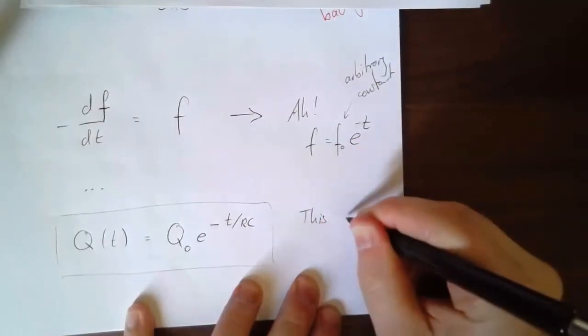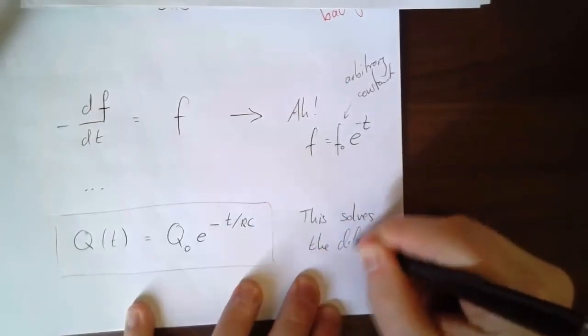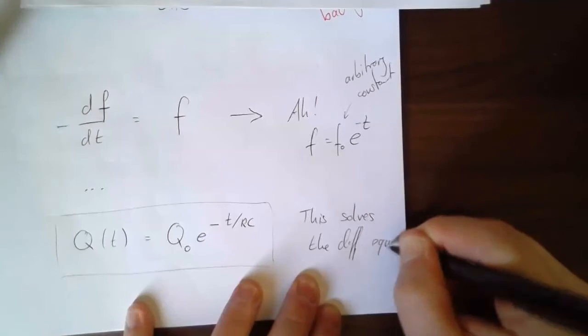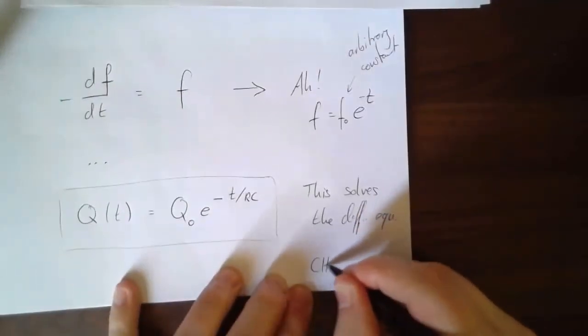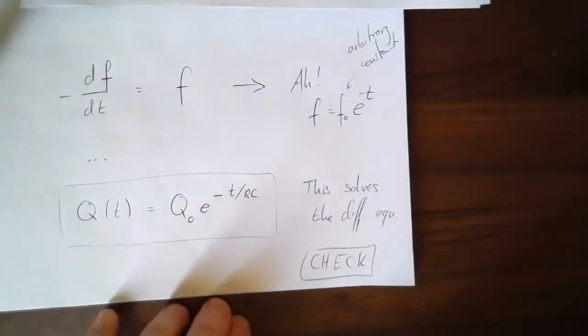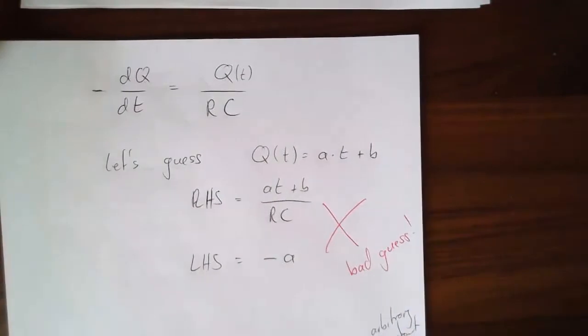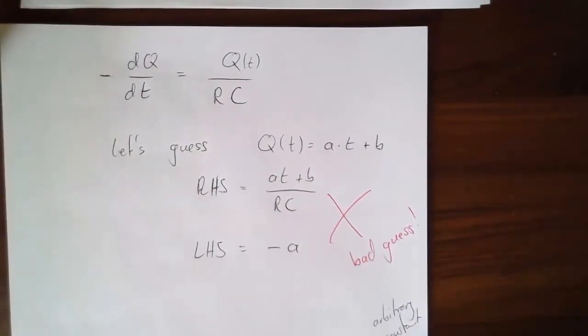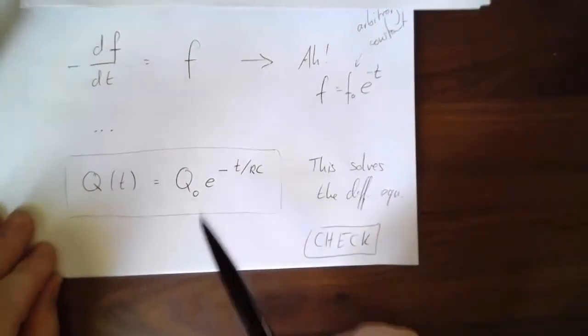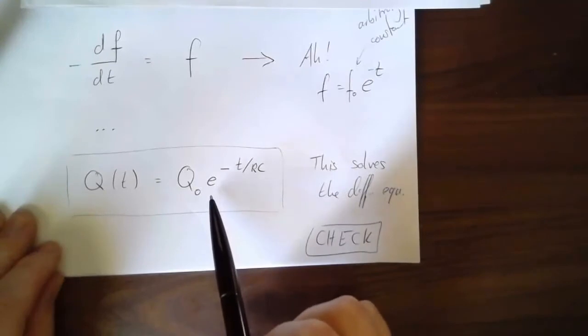This solves the differential equation. And really you want to check this. Even if you can't solve them yet, you can't look at an equation and be like, what's the answer? You don't know the techniques yet unless you've taken a differential equations class before. What you can do is check that the thing I claim is a solution is actually a solution.